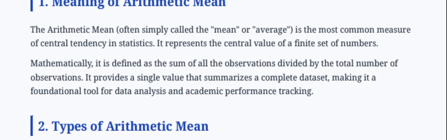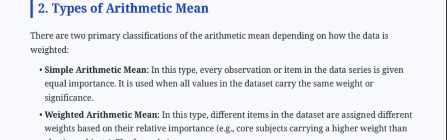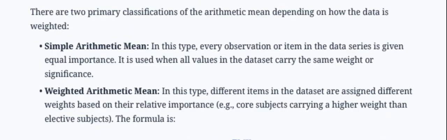Okay. Now, what are the different types of arithmetic mean? There are two types of arithmetic mean. The first one is simple arithmetic mean and the second one is weighted arithmetic mean. In simple, every observation or item in the data series is given equal importance.